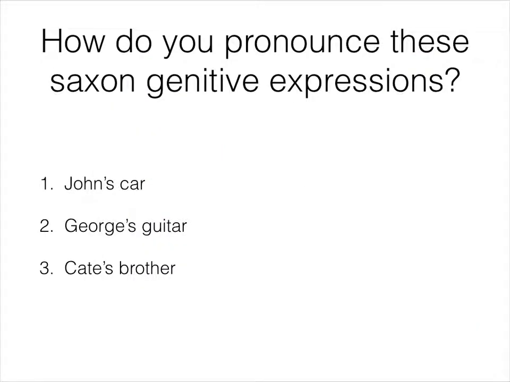When we have possessives, you remember those Saxon genitives, when you talk about John's car, or when you talk about George's guitar, or when you talk about Kate's brother. So the rule applies exactly the same. What you have to do to know how to pronounce this tricky S here is treat it exactly as if it was a third person singular for the present or a plural word.